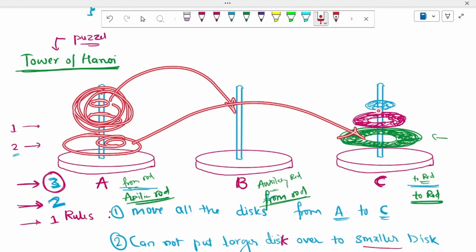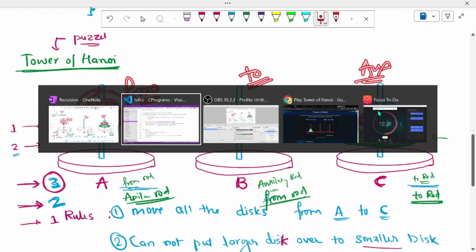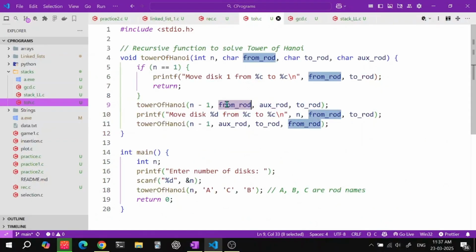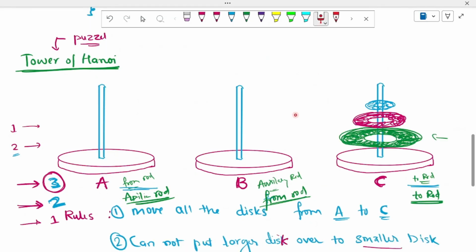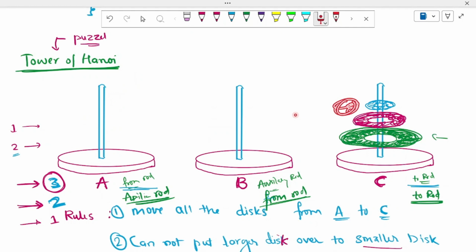So for transferring these two, from will be this only and to will be this, and then this will be auxiliary. You need to remember this one. So you will see that from to is here using auxiliary, meaning we are transferring from A to B using C. So C becomes what?